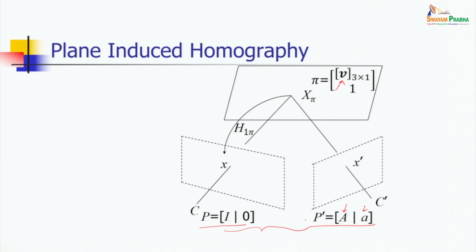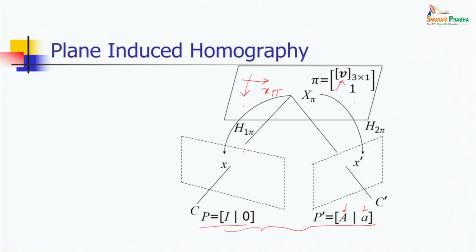First, as you know already from the single view camera geometry, there is a homography from this plane to the image plane. Similarly, there is a homography from this plane to the other image plane. This plane has its own coordinate system, which is 2D parameterized, let me write it as x pi.